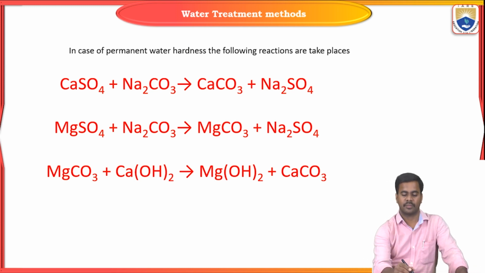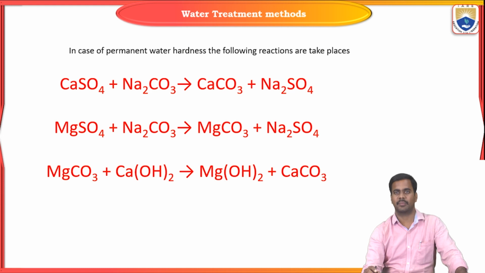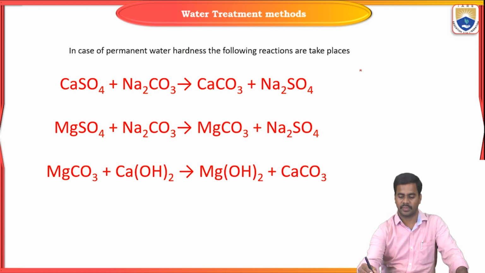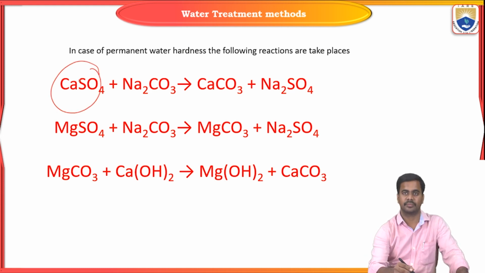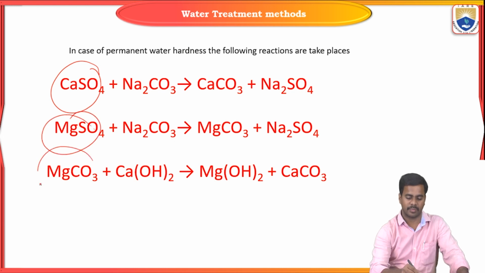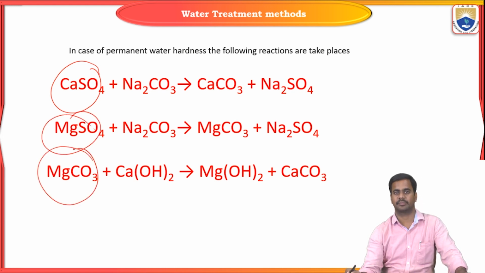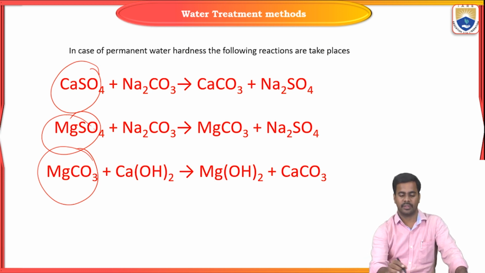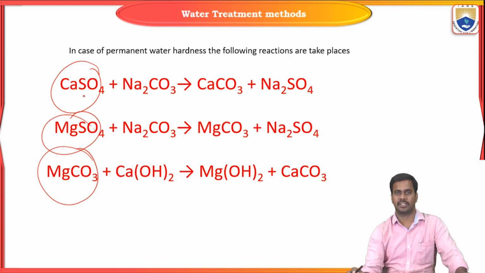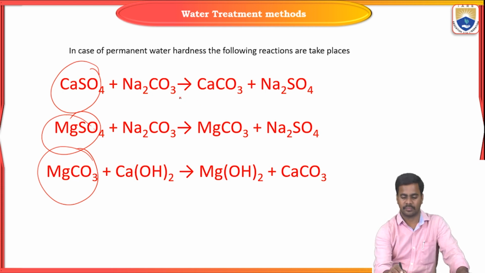Now, in case of permanent hardness, we know which types of salt cause permanent hardness to the water. That is calcium sulfate, magnesium sulfate and magnesium carbonate. So what happens when you are adding Na2CO3, that is soda, to the hardness producing salts? Look here.